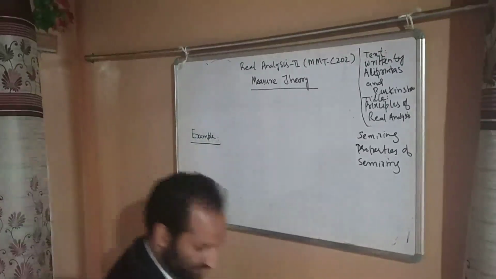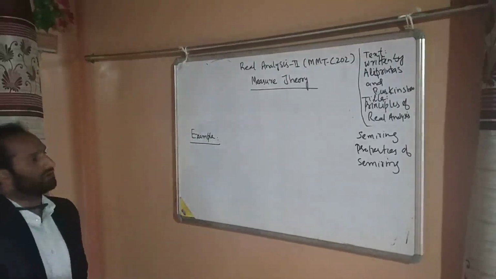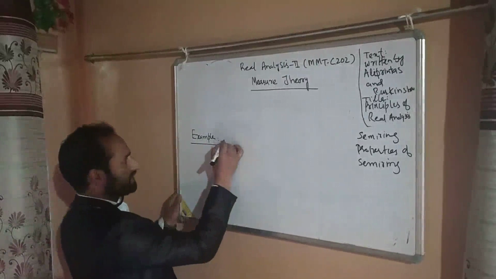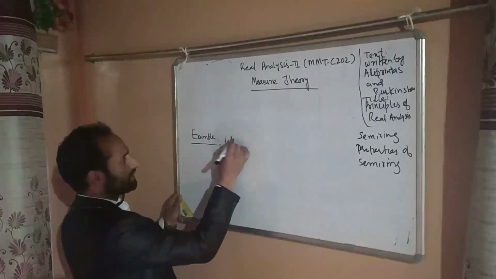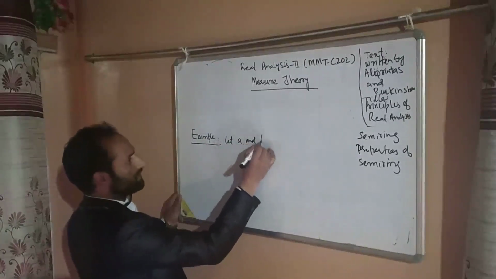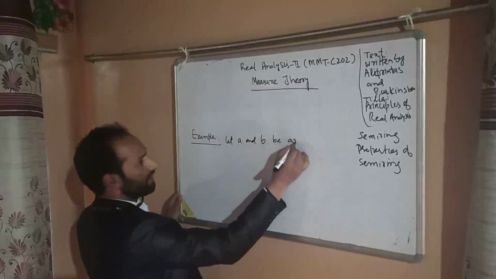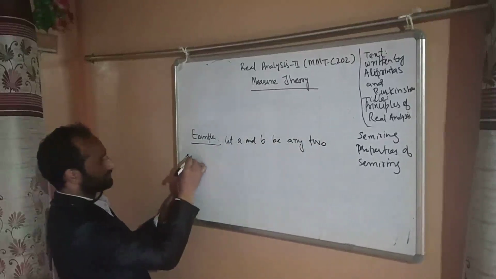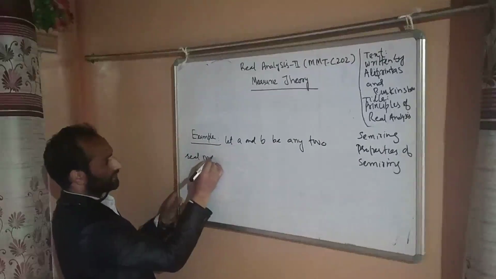Example of a Semiring on a real line. Let A and B be any two real numbers.